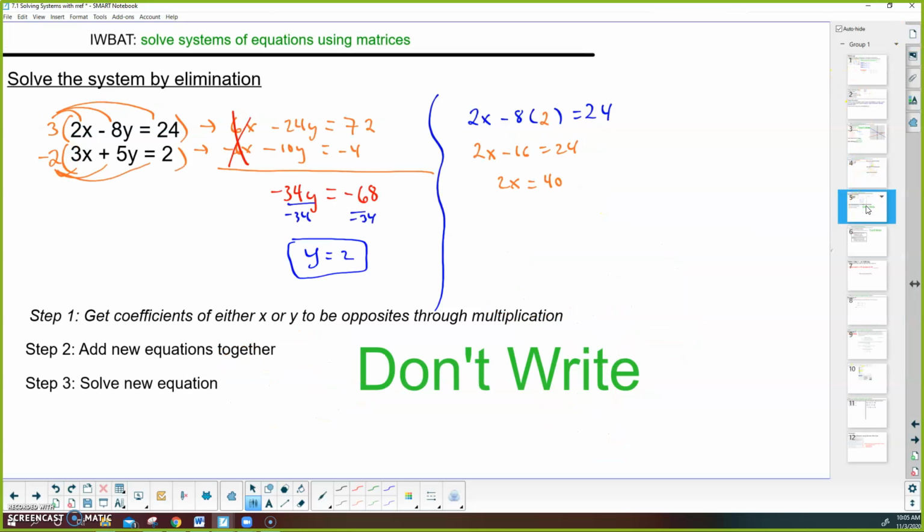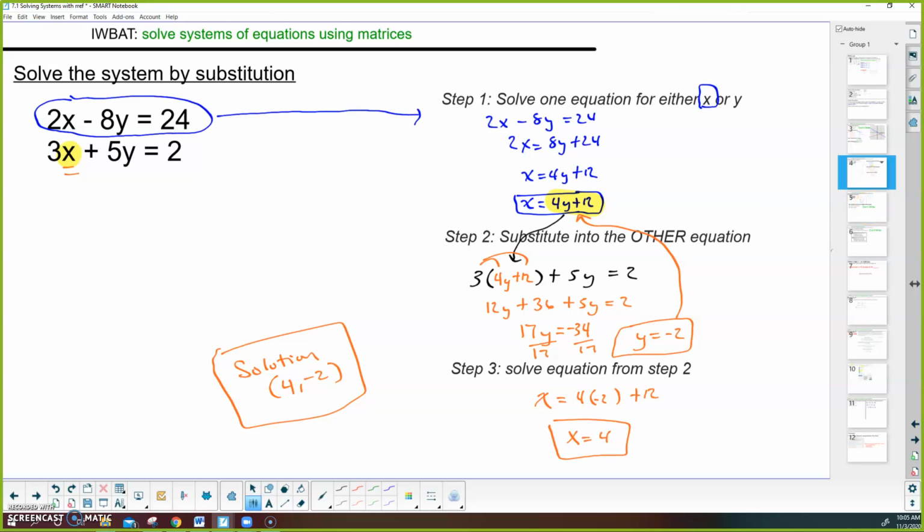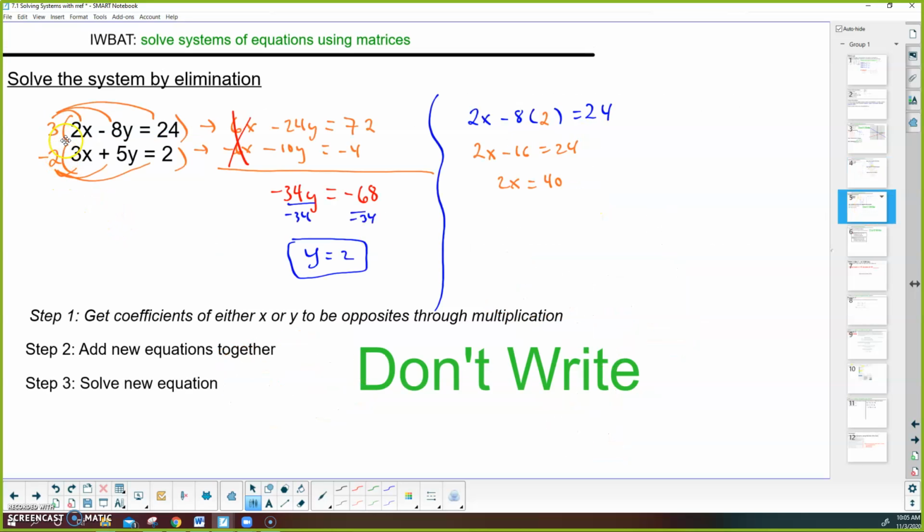I should have gotten the same answer. Sorry, I'm just double checking my work here to see if I made a mistake somewhere. 72. Negative 34.